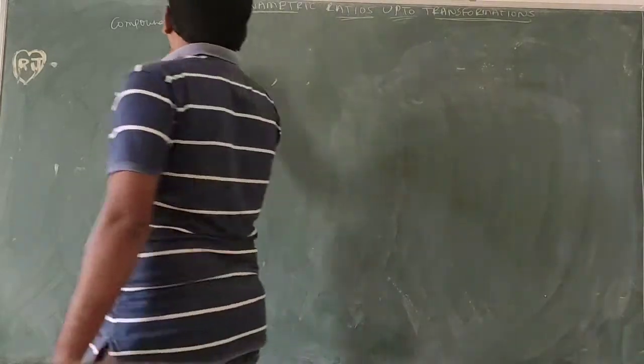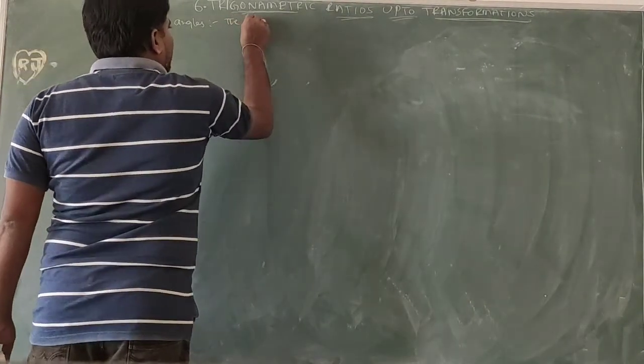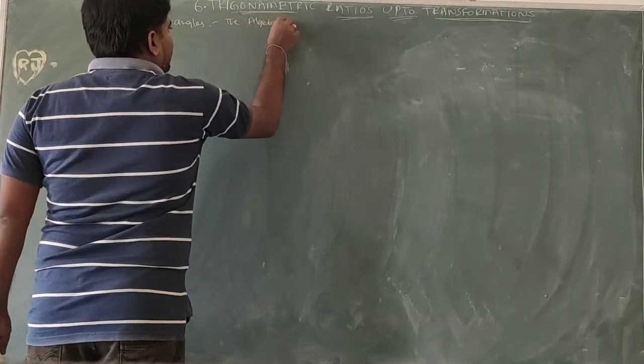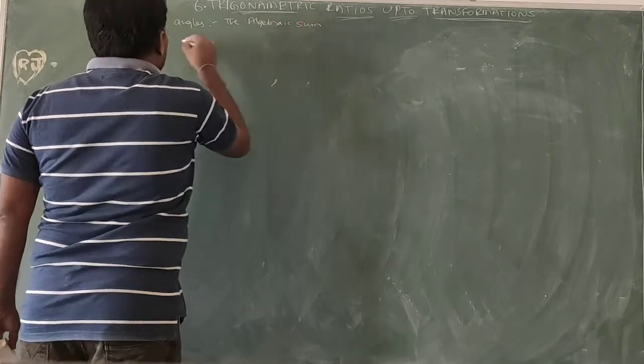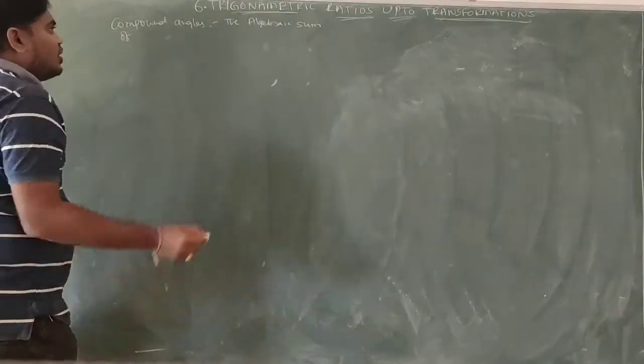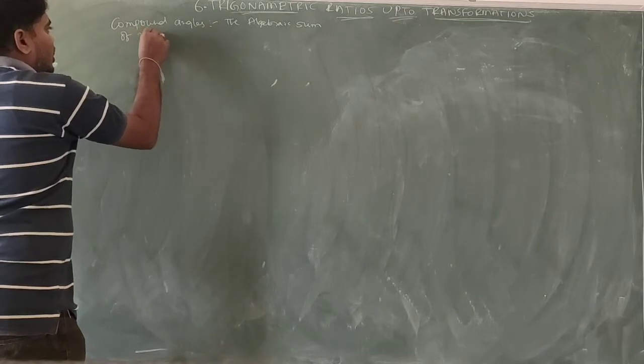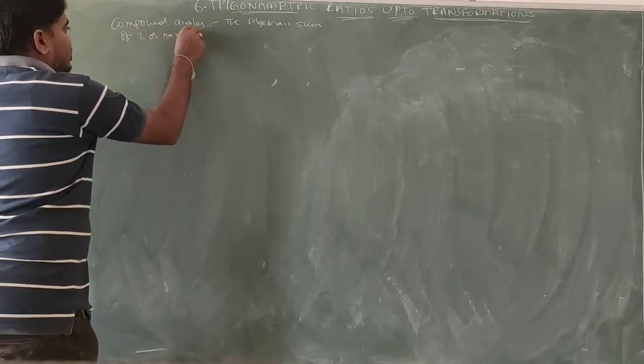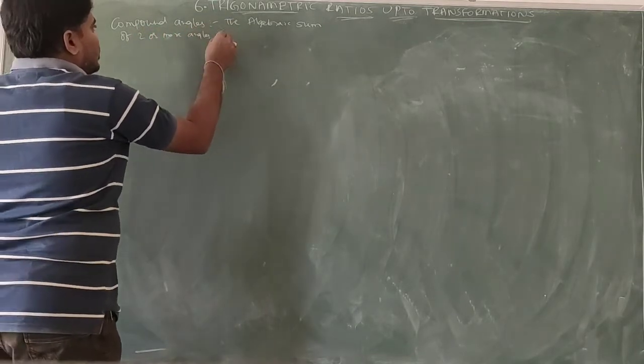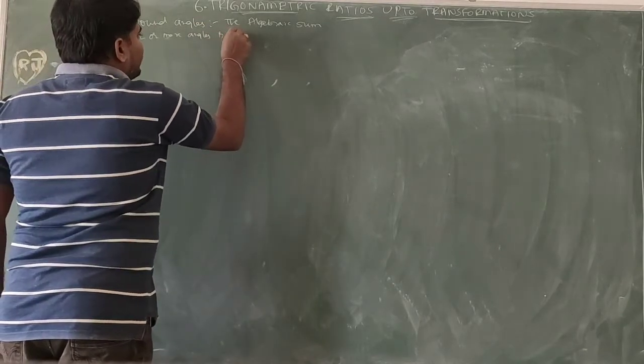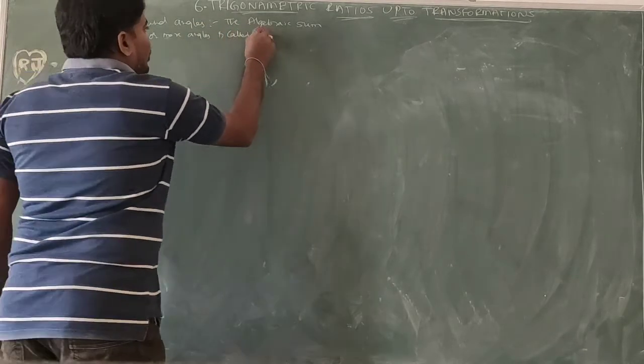So the algebraic sum of two or more angles is called a compound angle.